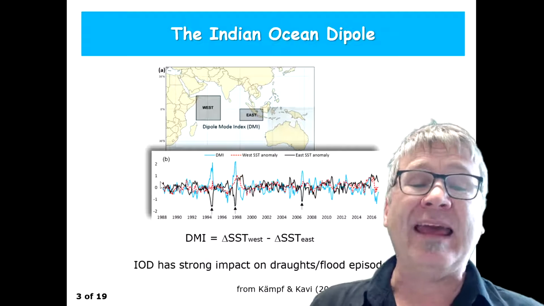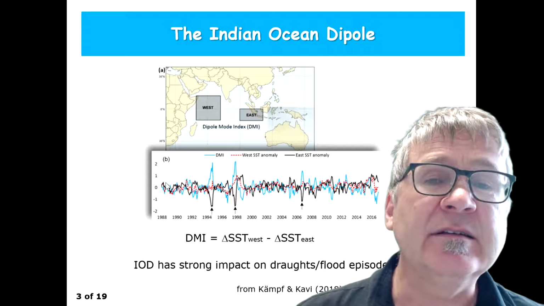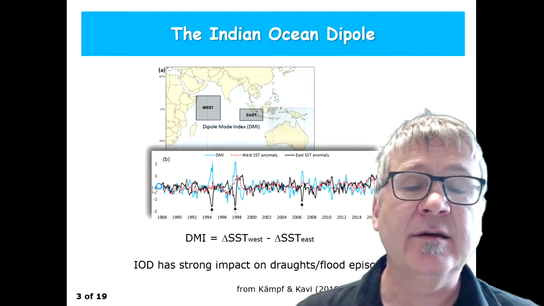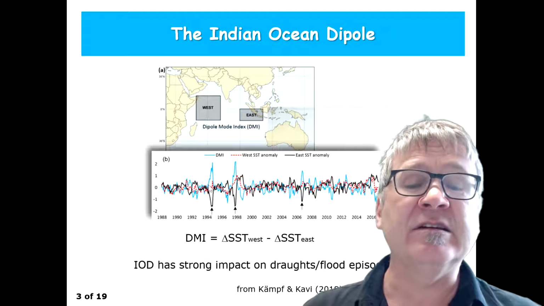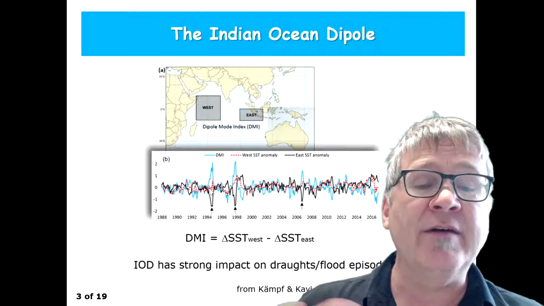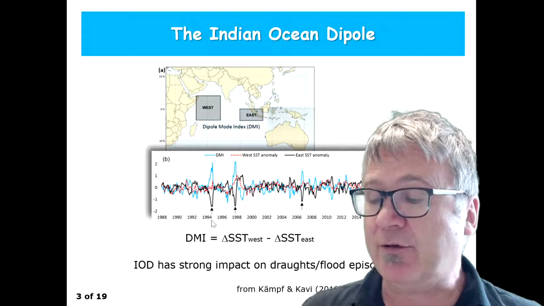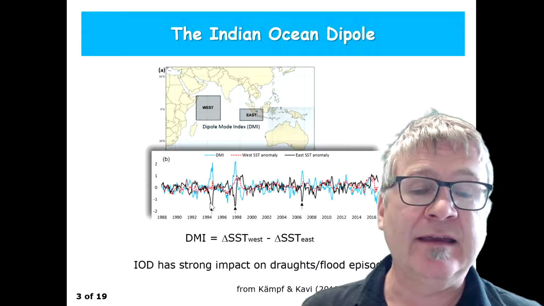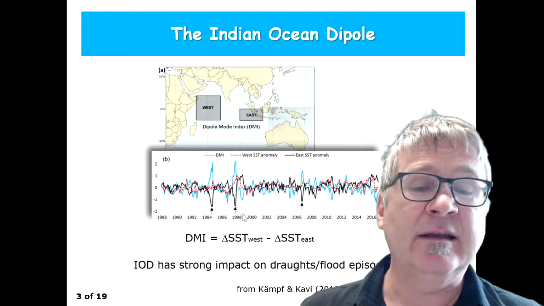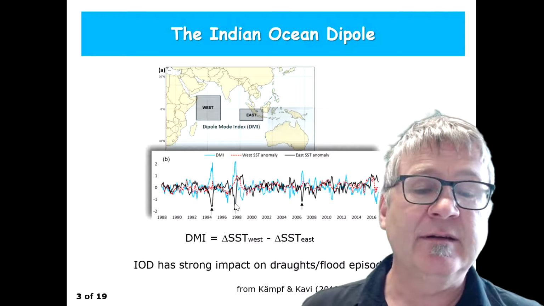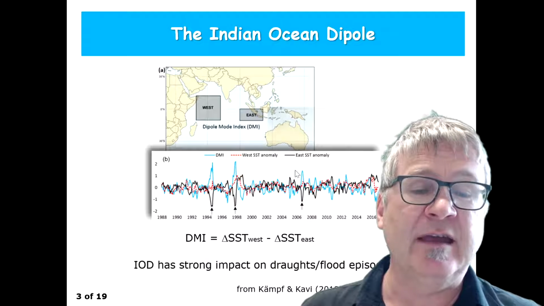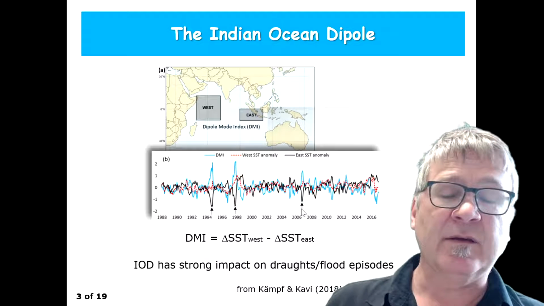Okay, and you can see the black curve is the East SST anomaly. And you can see in some years, the region on average is 2 degrees colder. It's a big drop, like in 1995, in 1997, and in 2007.